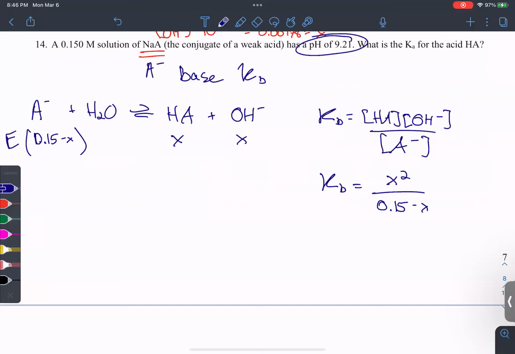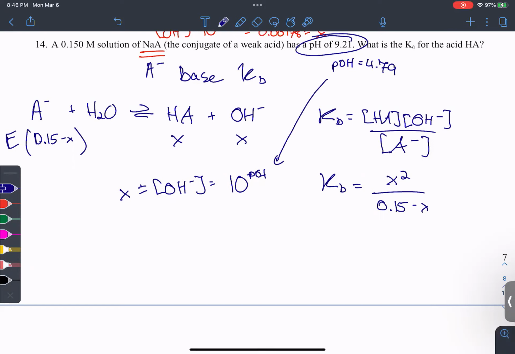From the pH, great, but X is equal to the OH minus concentration. So I need to do 10 to the negative pOH, not pH. Whatever that is, pOH is equal to 4.79. Stick that number in, get your X value, and plug it into Kb.